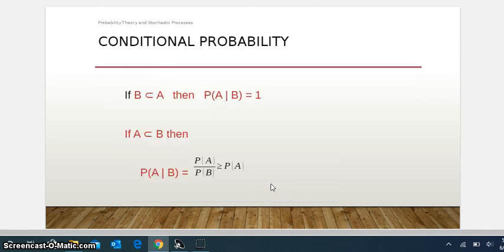Coming to a small example. If B is a subset of A, you already know what is meant by subset. The outcomes of B are a subset of A. That means the elements in B are already present in A. Then what happens to the conditional probability P of A given B? From the definition, P of A given B is equal to P of A intersection B divided by P of B. So what is A intersection B?